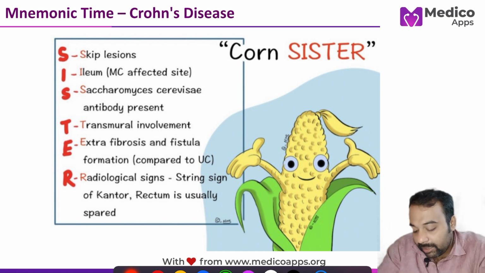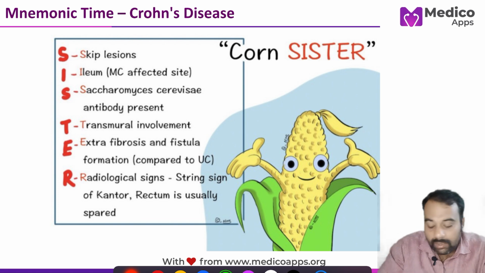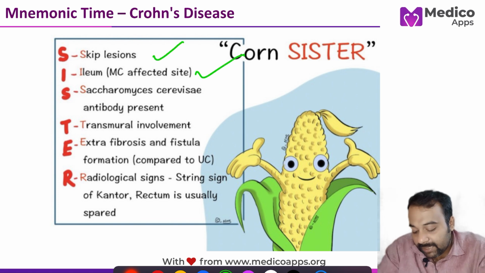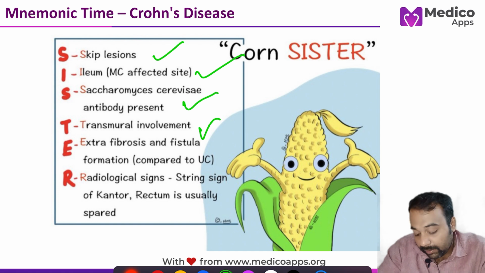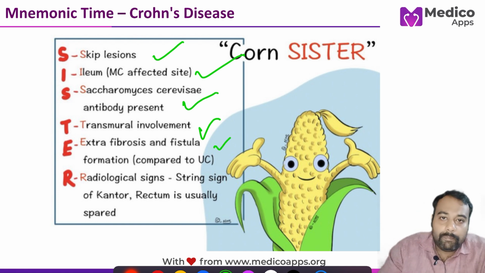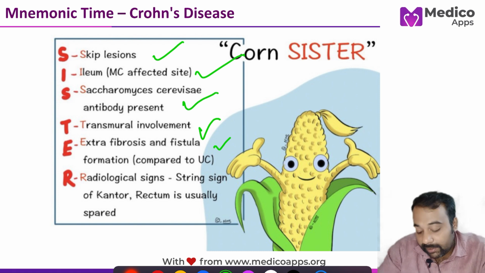So S for skip lesion, I for the ileum, which is the most common affected site. S for Saccharomyces cerevisiae antibody that is present here. T for transmural involvement, and E for extra fibrosis and fistula formation compared to ulcerative colitis. And R for the radiological sign, the string sign of Kantor, and the rectum that usually gets spared.